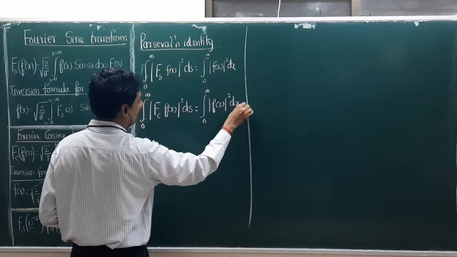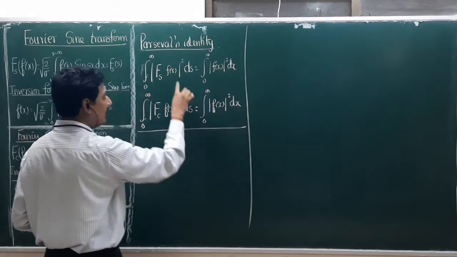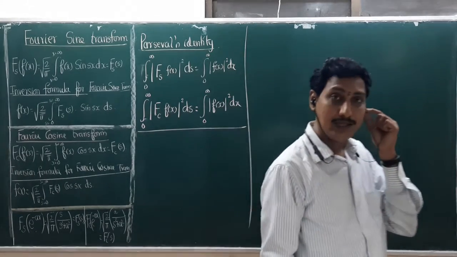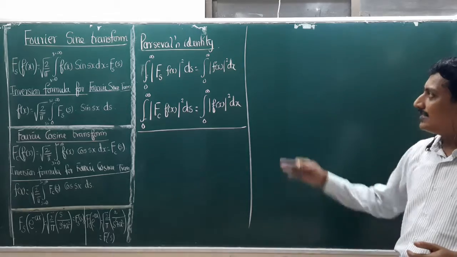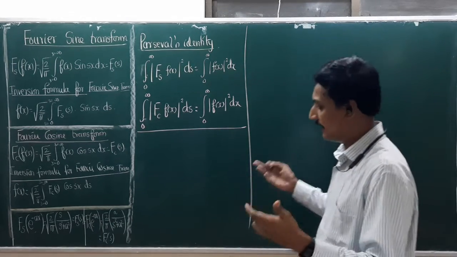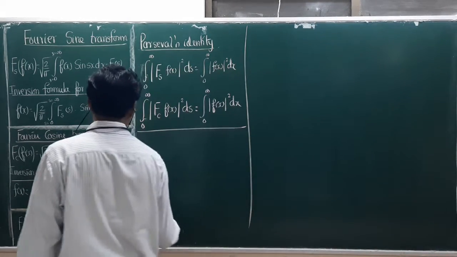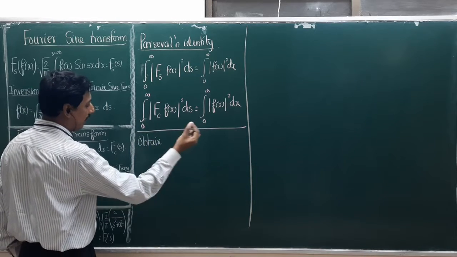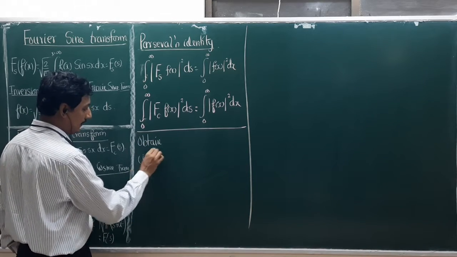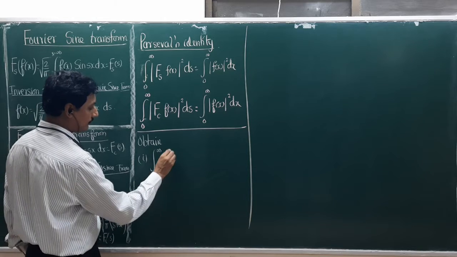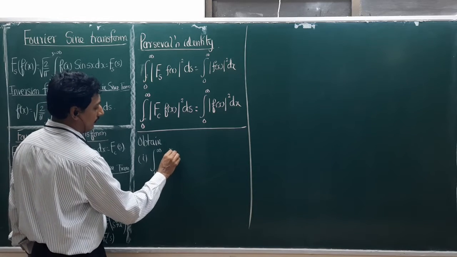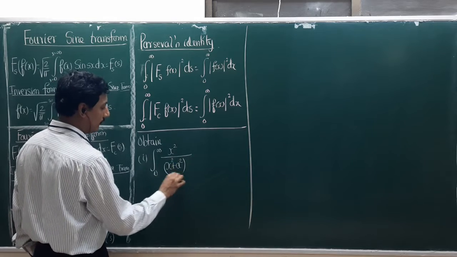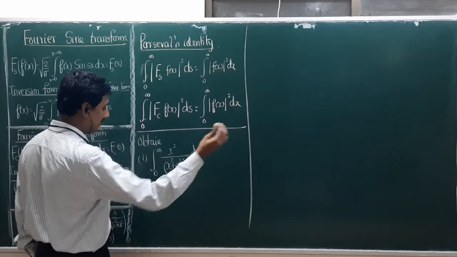Whatever the question is given to you, once we have square terms, we can apply the Parseval's identity. So what is the application of this Parseval's identity? Yes, I can go for the application now. This is the problem. Obtain the following integrals. The first one: integral 0 to infinity of x squared by x squared plus a squared to the whole square dx, where a is a positive constant.